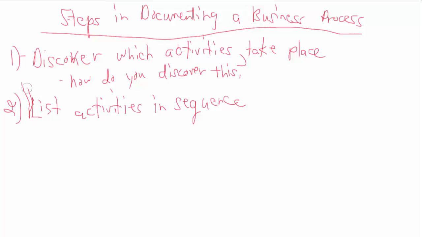And unfortunately, you may not always discover them in that order. So being able to organize them in the order that they're performed is important. What are those activities? What are the steps? Activities, steps in sequence.